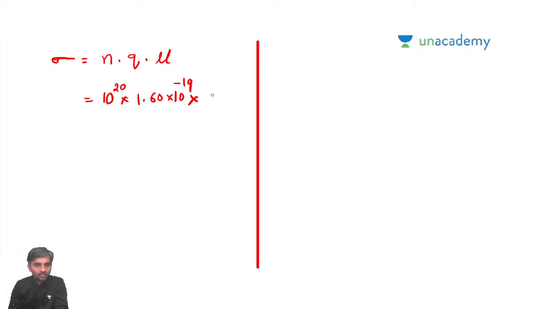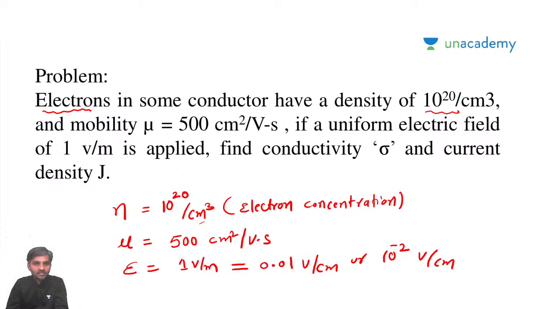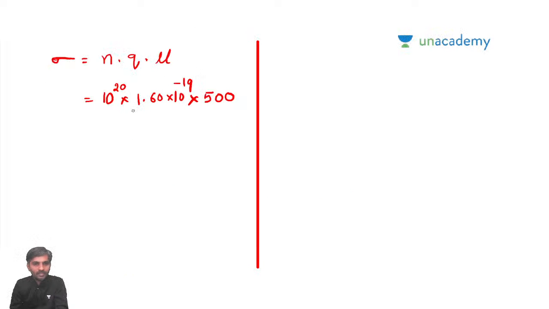Then what is mu? Mu is going to be 500. Mobility is given as 500 centimeter square per volt second. Now calculate it. Very simply, this is 10 to the power of 20, and this is 10 to the power of minus 19.